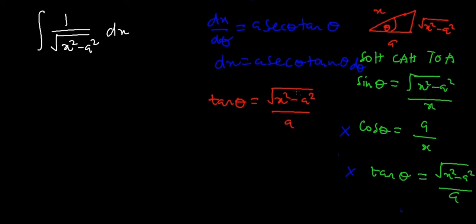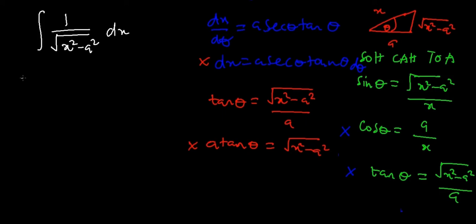But I want to make the square root of x squared minus a squared the subject. So this will be a times tan θ equals the square root of x squared minus a squared. So now that we've gotten these two, we are good to go. We can now answer this question.